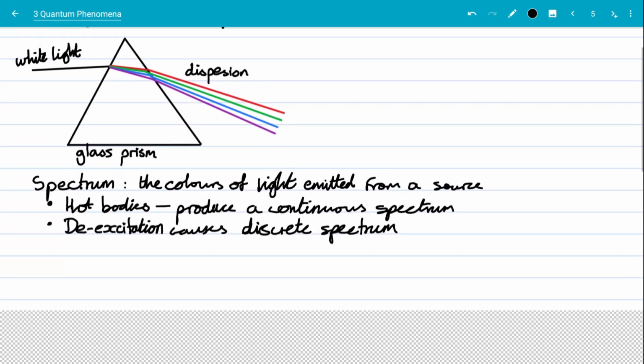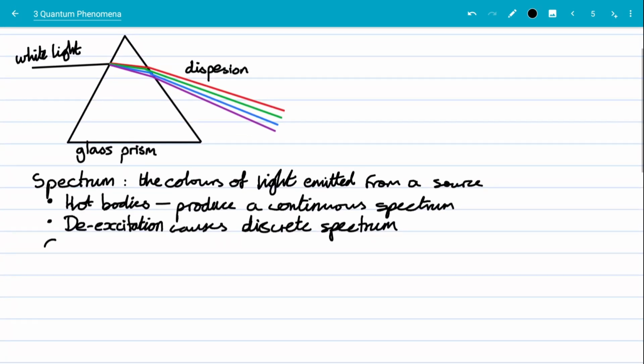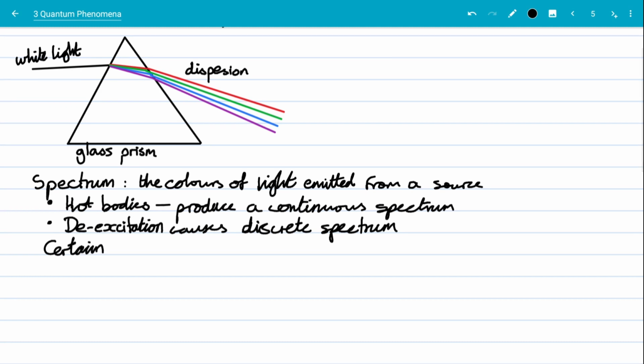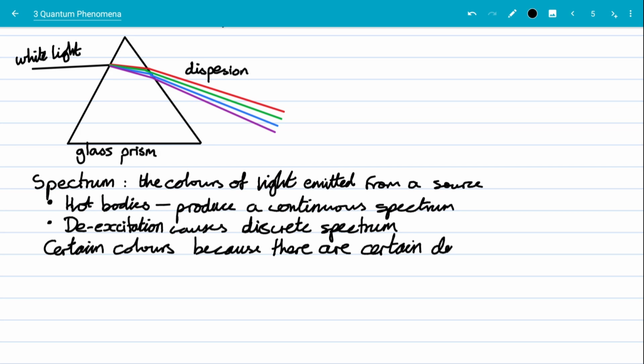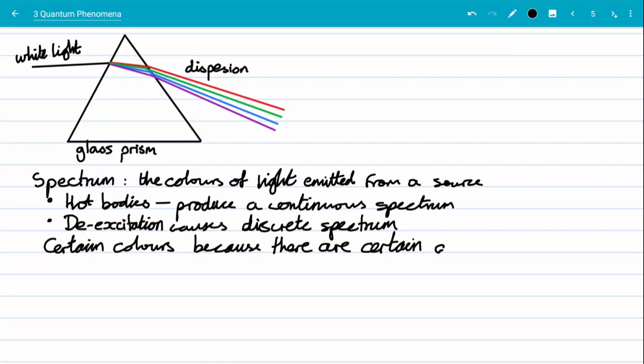So let's make a note of that: certain colors because there are certain excitation energies.